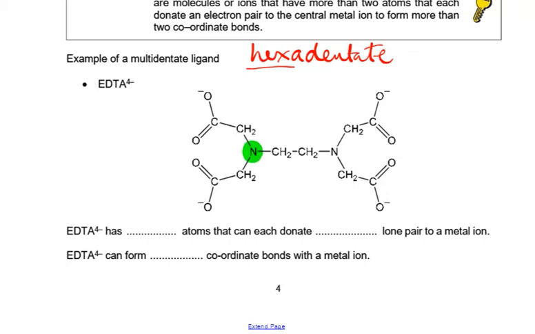As we've seen in our other examples, we've got the lone pairs on the nitrogens, so that will give us 2, and in addition to that we have the 4 oxygens carrying the negative charge, so there's 6 atoms in this ion which are able to coordinate to one metal ion.